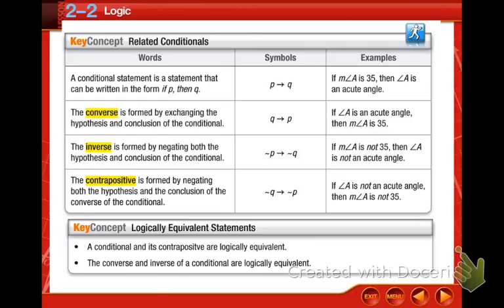And that's good because of the next thing we're going to look at. The last one, if angle A is not an acute angle, then the measure of angle A is not 35. So if it's not acute, it can't be 35 because 35 is acute, so that's true. The last part of this page says that a conditional and its contrapositive are logically equivalent, and the converse and the inverse are logically equivalent.